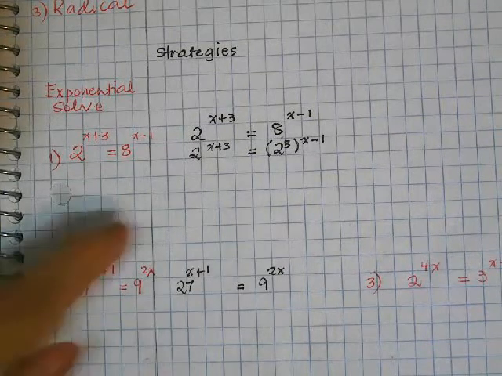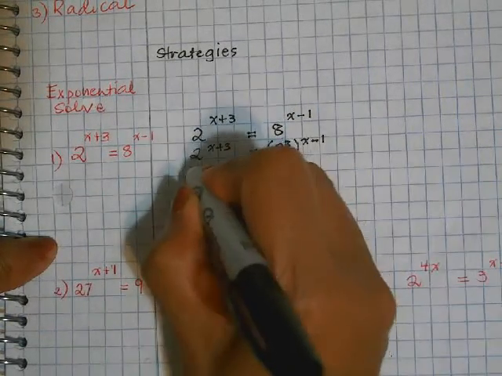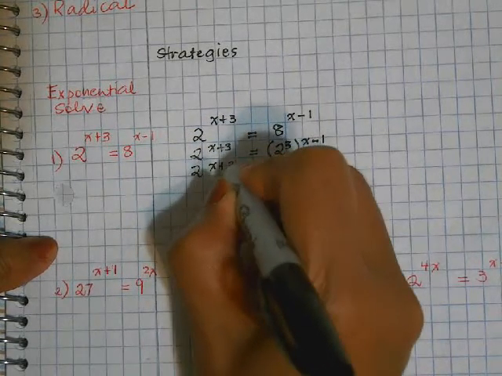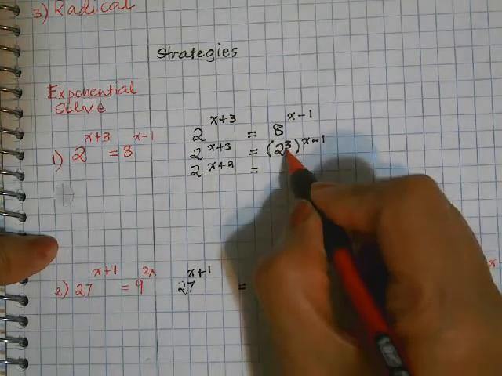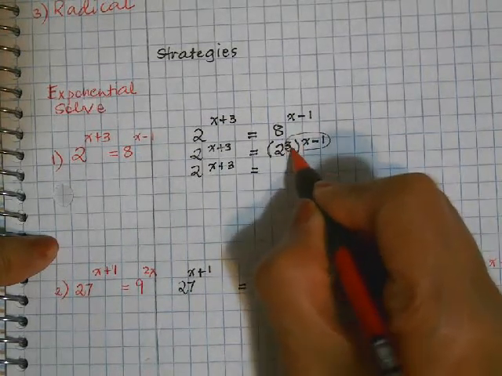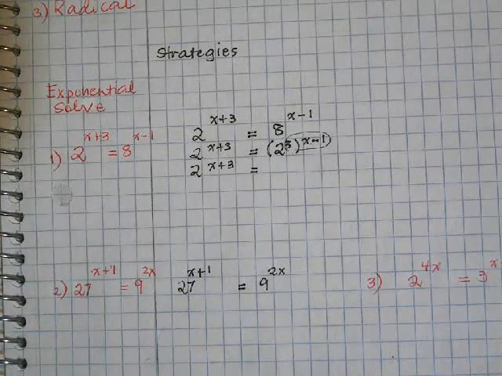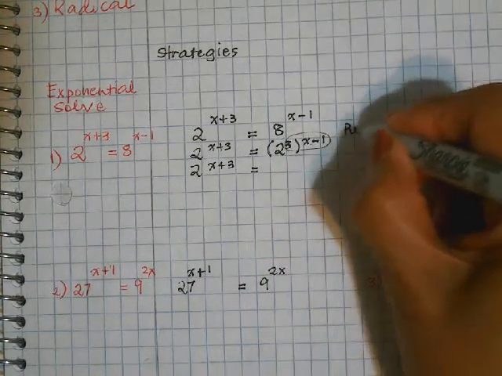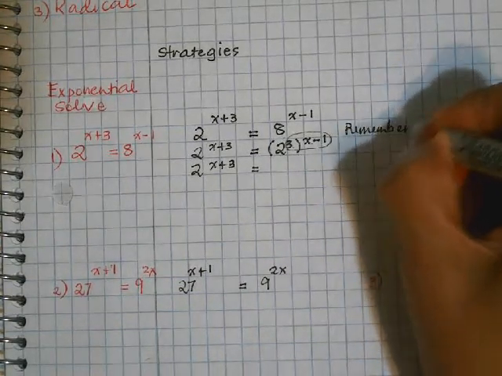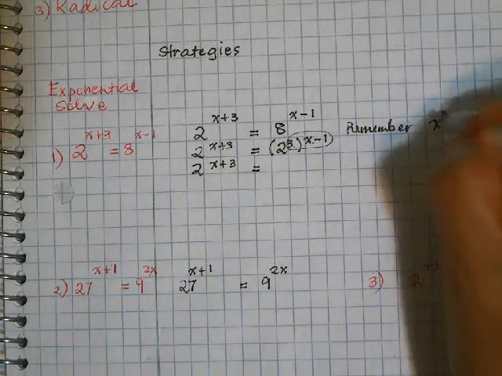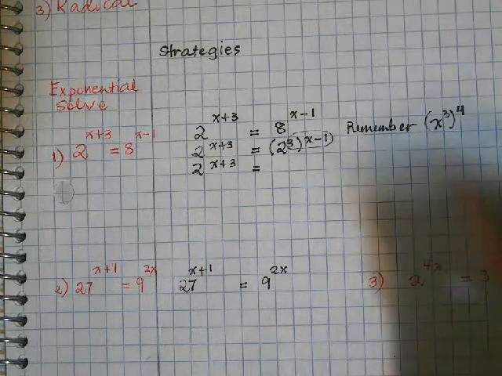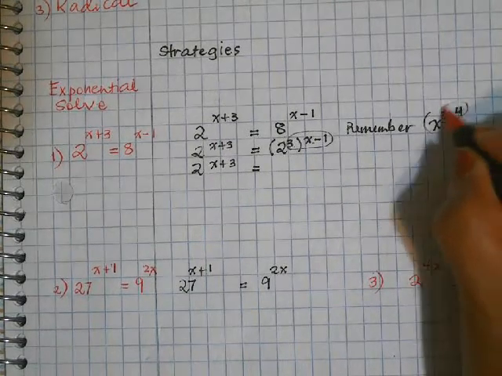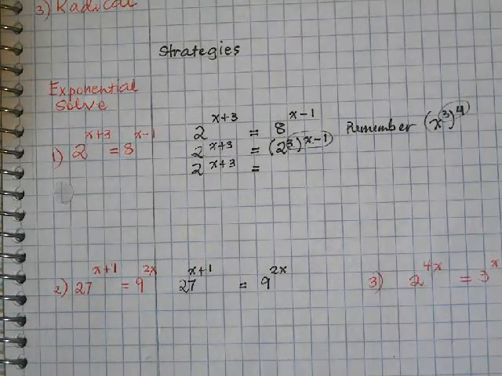Now here we have to use the law of exponents. When you have an exponent raised to another exponent, what do you do? Say, for example, if you have x to the 3 raised to 4, do you add? Do you subtract? Do you multiply? You multiply.